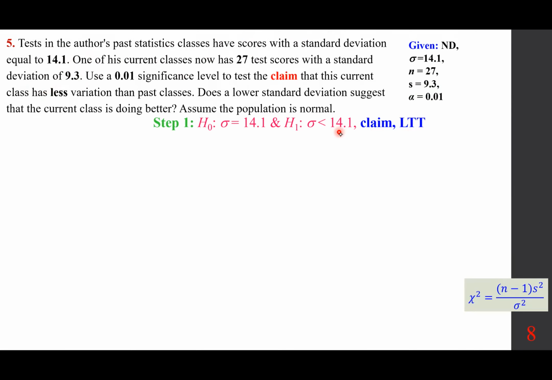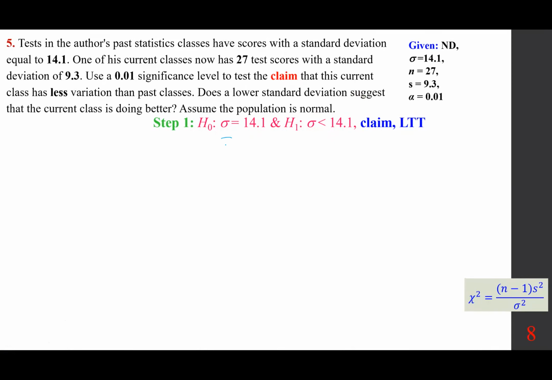Now, sometimes they may use sigma squared, and that's fine. If you use sigma squared, this is 14.1 squared: sigma squared less than 14.1 squared. So you could use sigma squared, but don't forget to square this one. I'm going to write underneath and clean it up.